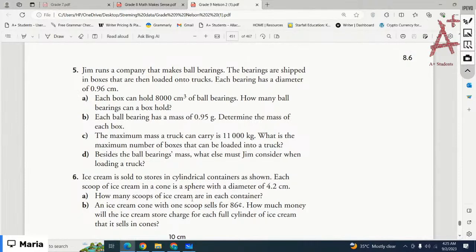Each box can hold 8,000 centimeter cube of ball bearings. How many ball bearings can a box hold? Okay, the diameter is 0.96, right? Basically, 8,000 centimeter cube is the volume of the box, right?